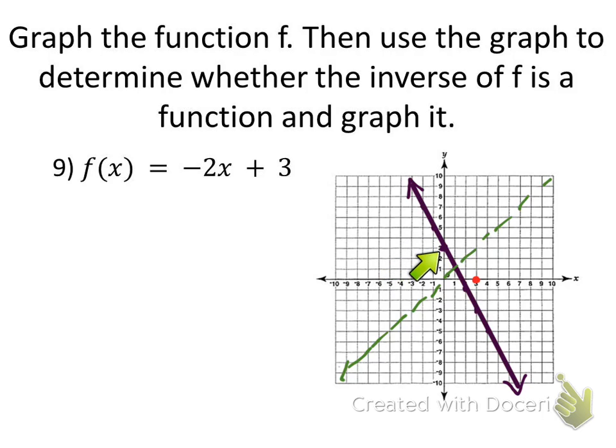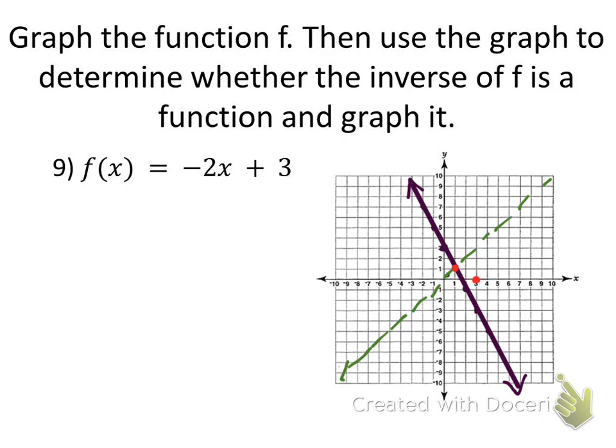And then you pick another point, like I see (1, 1). There's a point (1, 1) on my old graph. Well, wait a second. Domain and range change. So my new point, ironically, is still (1, 1). I've got an old point of (2, -1). Domain and range change, so that ordered pair is going to switch.